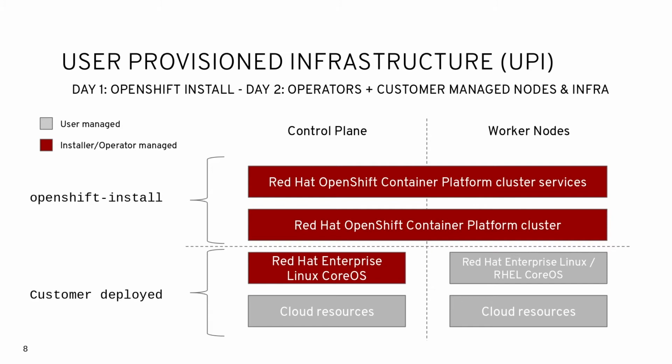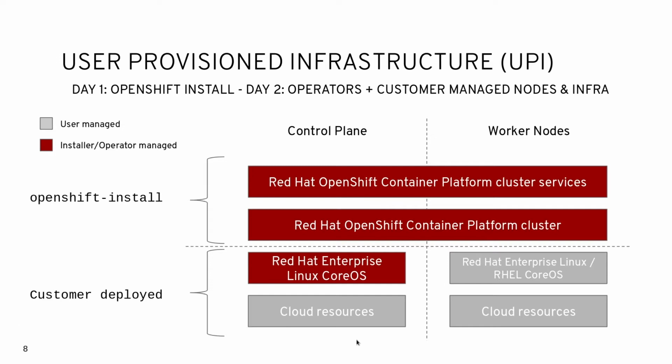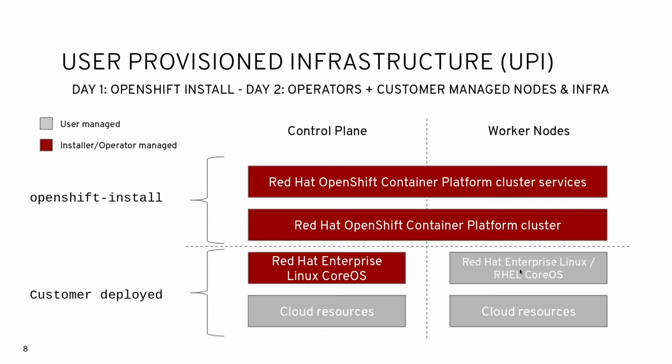In this scenario, as you can see, it's your responsibility to prepare the infrastructure, so the nodes, the networking, and storage. There is also a possibility here to leverage Red Hat Enterprise Linux as an operating system, so full RHEL as the operating system for your worker nodes.